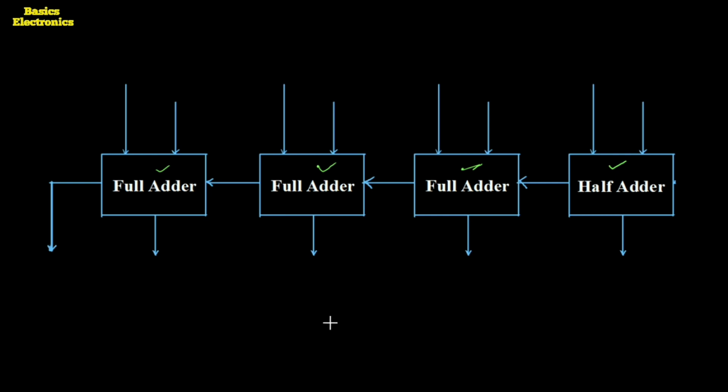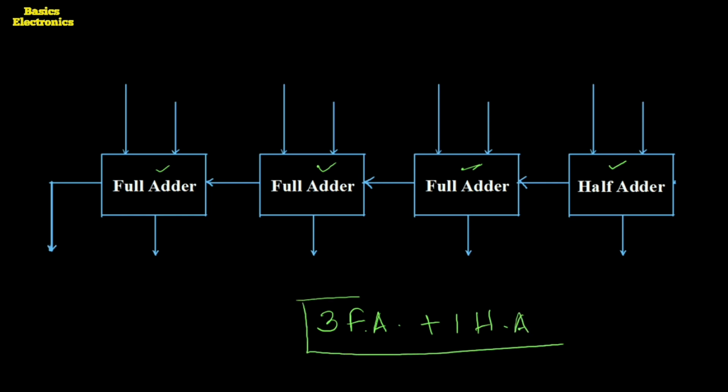In this type we use three full adders and one half adder. So the three full adders are there. Here we can say it is number 4, number 3, number 2, and this one is number 1. The first one is the half adder, and the second, third and fourth are the full adders.